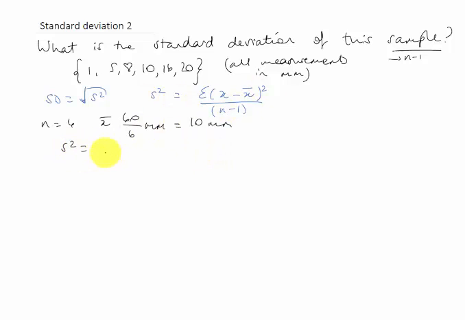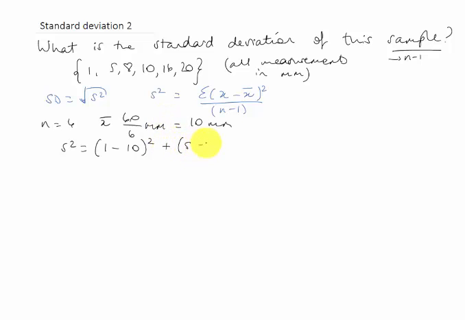So s squared is, so we're looking at the sum. So for each value x, I need to do x minus the mean. So in this case, 1 minus 10 squared. So that's for the 1. And then I do that for each individual measurement and make the sum.